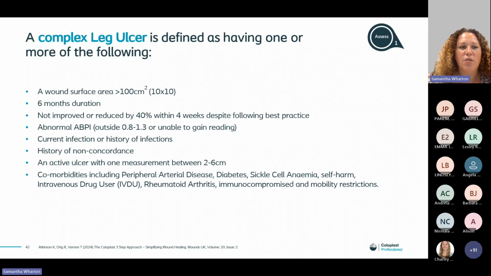If they'd had that leg ulcer for more than 6 months, not improved or reduced by 40% within 4 weeks despite following best practice, ABPI outside of the normal range, current infection or history of infections, history of non-concordance, an active ulcer with one measurement between 2 to 6 centimeters, and comorbidities including peripheral arterial disease, diabetes, sickle cell anemia, self-harm, IVDU, rheumatoid arthritis, immunocompromised, and mobility restrictions.